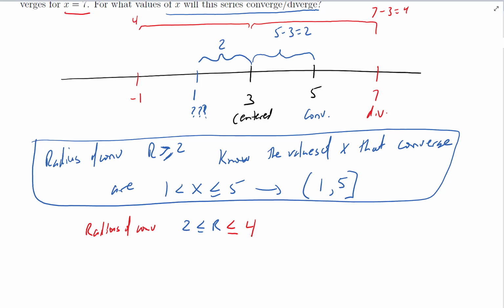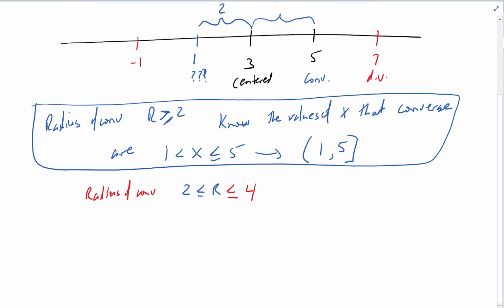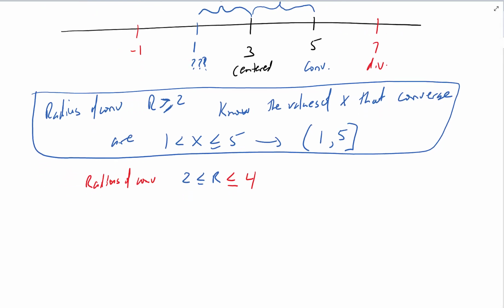So this information that I have right here, x equals 7 diverges, x equals 5 converges, gets me to here. Now, if I didn't know anything about converging, then all I could say is the radius of convergence had to be less than 4. But this tells me some important information.